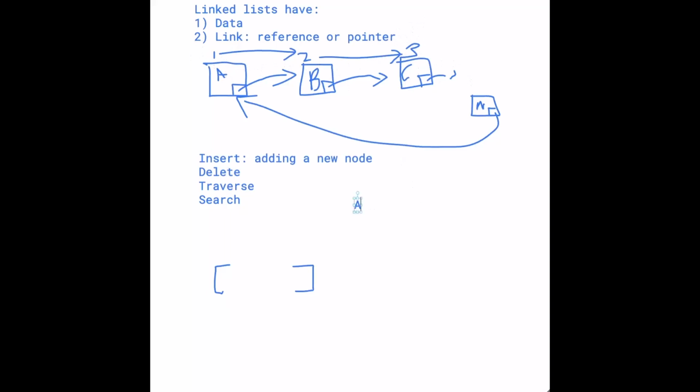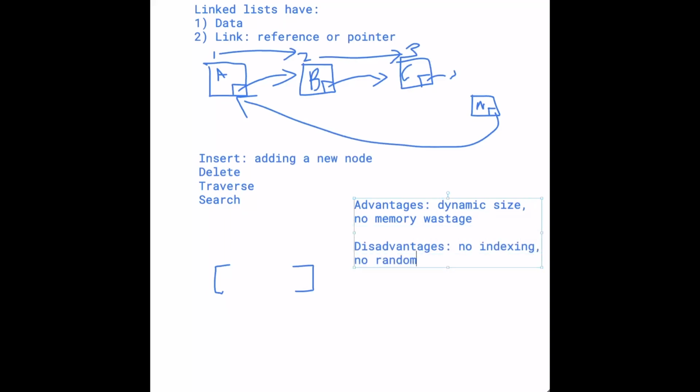So the advantages are dynamic size and no memory wastage, whereas the disadvantages are no indexing, no random access, or that it's hard to do random access.